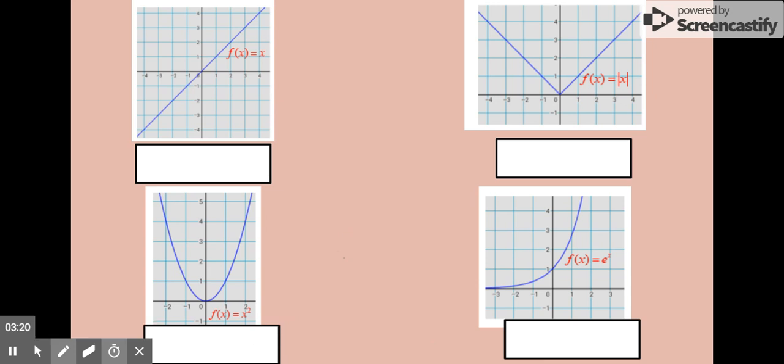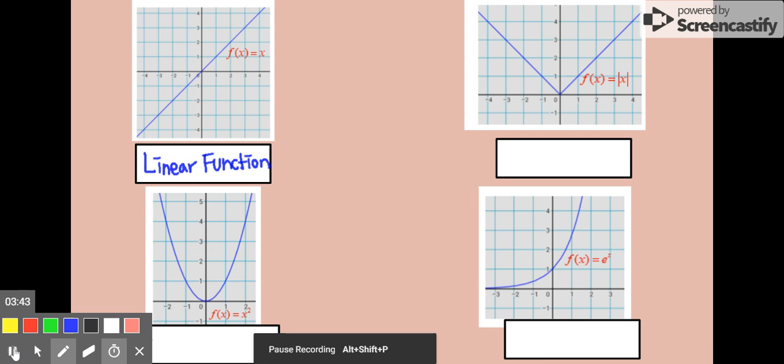All right, so far we've been talking about many different types of functions. The first one is the linear function. The y values increase at a constant rate, and it's a straight line.